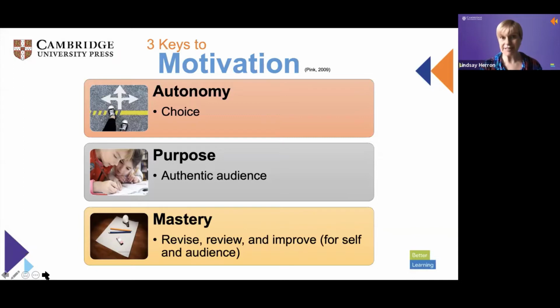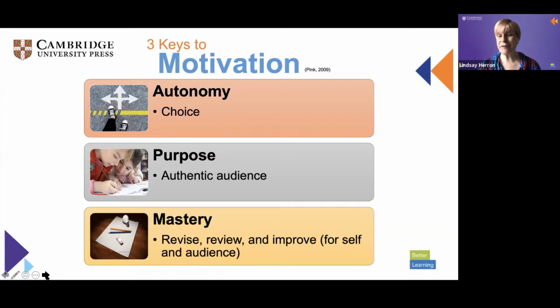They have purpose because they're not just making it for the teacher. And I'll get into this later. The key part of producing projects is making them for someone who's not just grading them, but for an authentic audience. Even if that authentic audience is just their peers, there's a reason they're doing it. There's a reason for using the language.